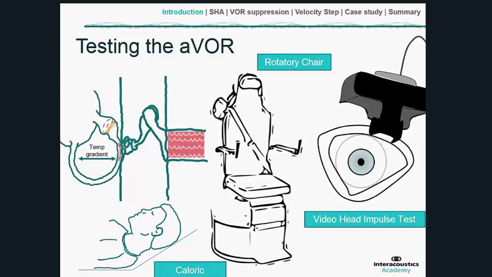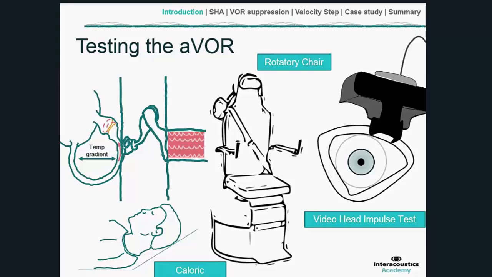And another key issue I would suggest is that with the rotary chair, the eye movements are assessed with the patient in darkness, so then there are no issues of fixation, for example due to eyesight issues, gain changes that you sometimes get from wearing spectacles. That can be a feature or factor of the video head impulse test, but because you're in darkness, it shouldn't be a factor in the rotary chair.